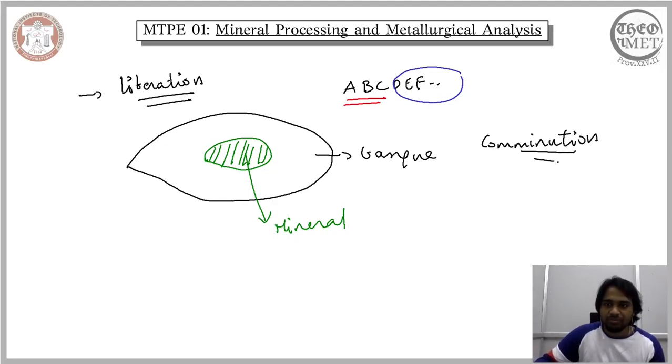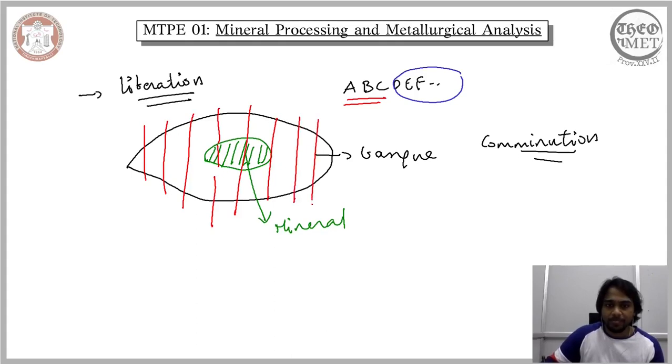So the process of liberation involves breaking down the huge particle that has been mined out, wherein our desired mineral is encapsulated by the gangue. What we are attempting to do now is to liberate the desired minerals, and we are doing this by breaking down the whole particle into small pieces. When you break down this whole particle, it essentially renders two different types of smaller fragments.